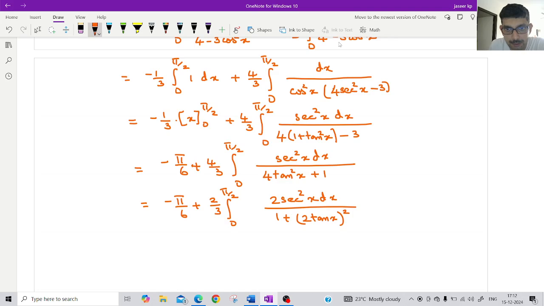After that we will be evaluating the second integral by the substitution 2 tan x equals t, so that 2 secant square x dx will become dt.